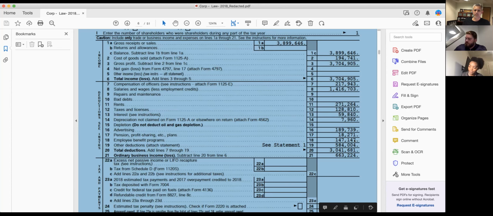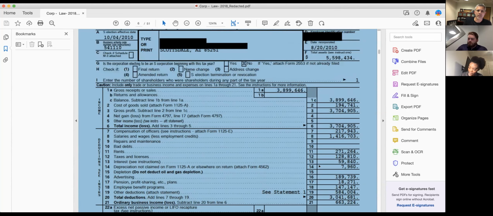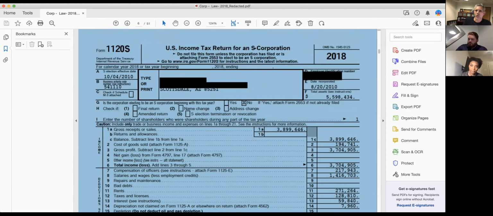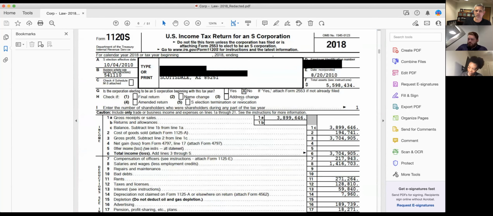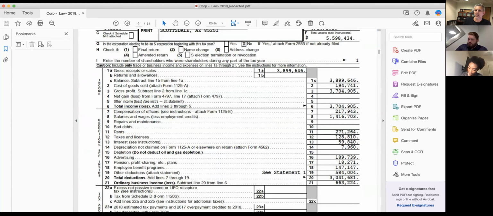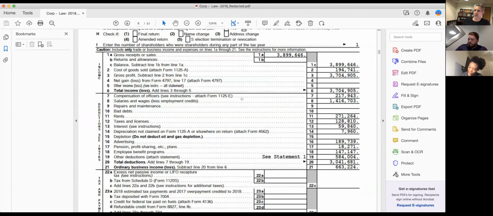Yes. Good. Okay. So earnings before interest, taxes. We're not going to add taxes back because, if you look at the top, it's an S Corp type of tax return, an 1120S. In an 1120S or a partnership tax return, you don't pay taxes at the partnership level.